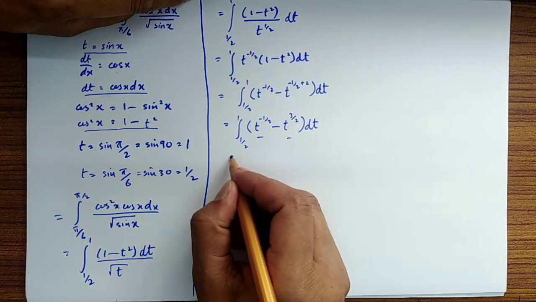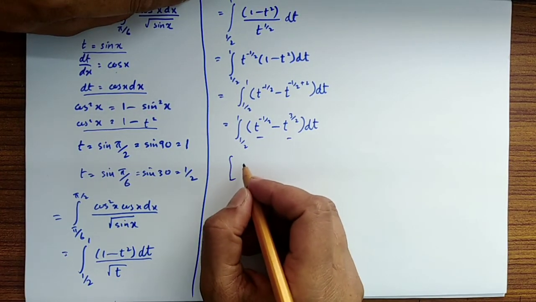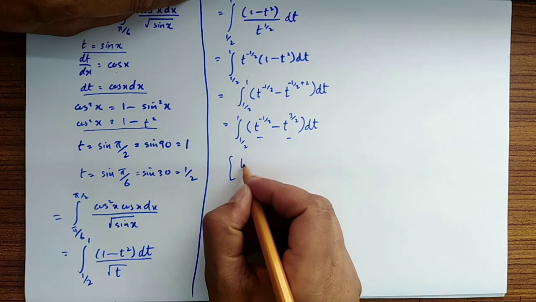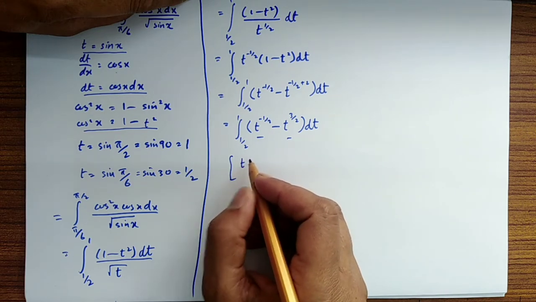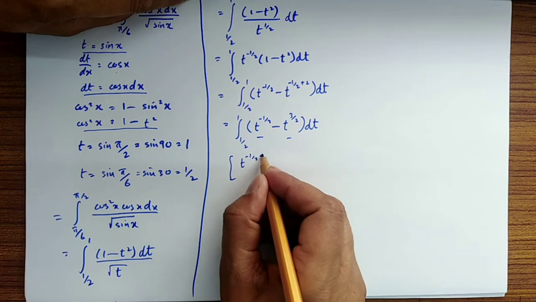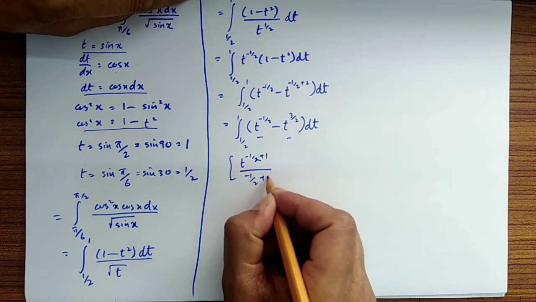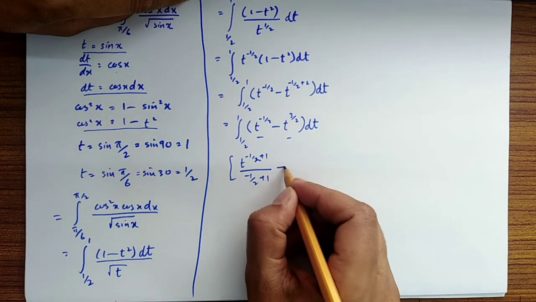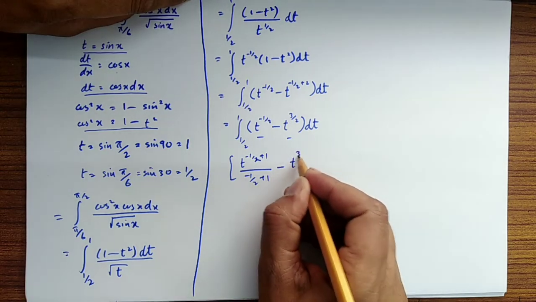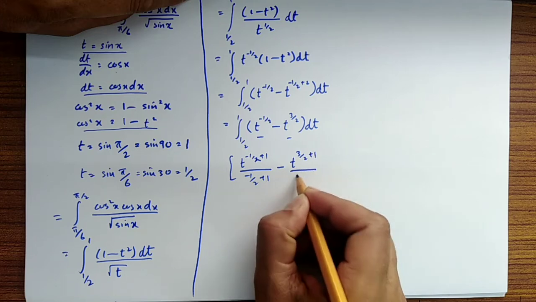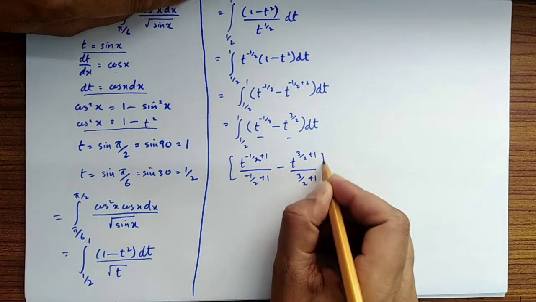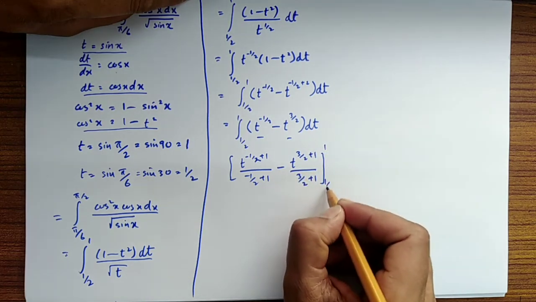So applying the integral, this becomes t power minus 1 upon 2 plus 1 whole divided by minus 1 upon 2 plus 1, minus t power 3 upon 2 plus 1 whole divided by 3 upon 2 plus 1, and the limits are 1 and 1 upon 2.